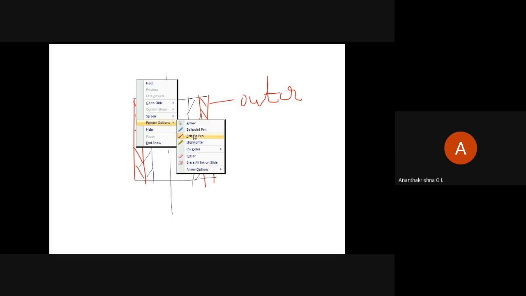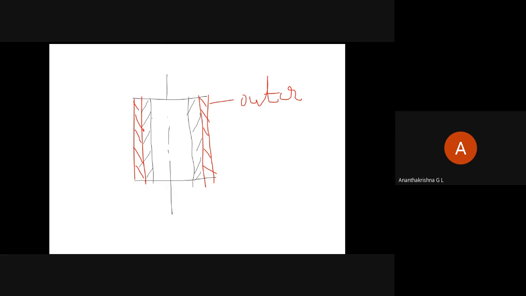Why a compound cylinder comes into the picture is to withstand very high internal fluid pressures. So how is it made? As I said, this is the outer cylinder and this is the inner cylinder.